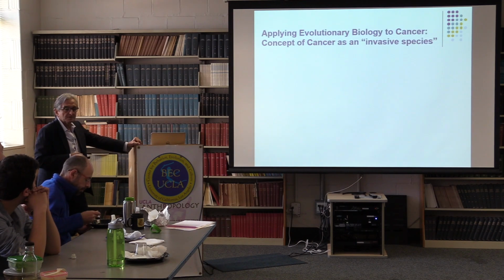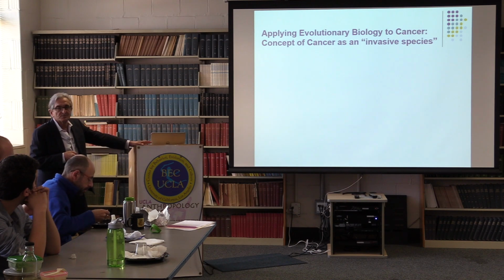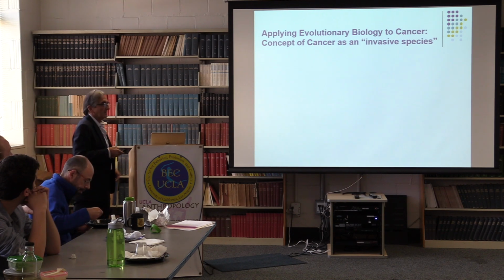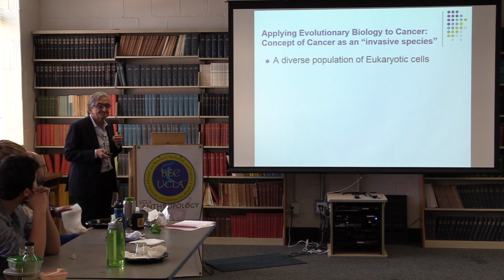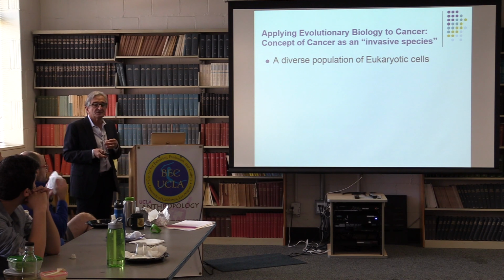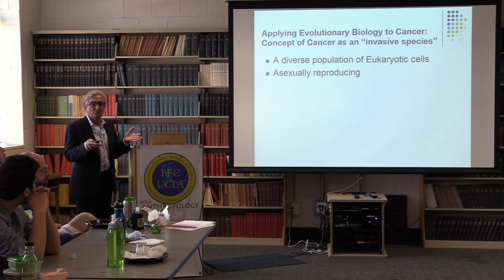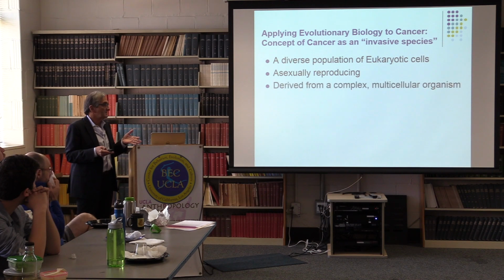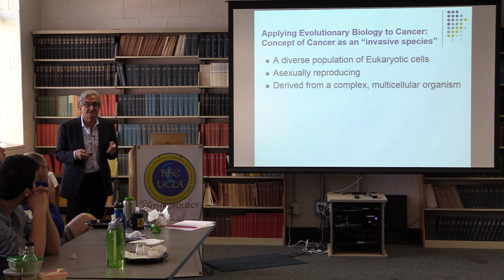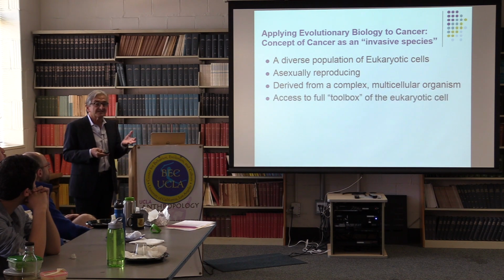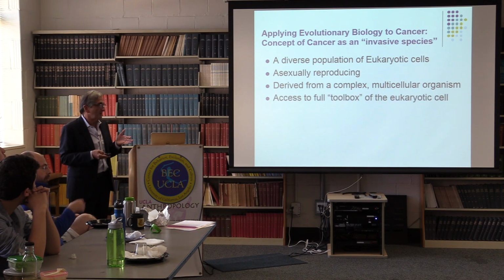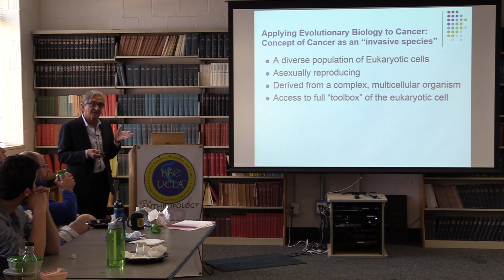So if you think about convergent evolution as a basic principle of evolutionary biology, I think it leads you to think about cancer as an invasive species, a diverse population of eukaryotic cells, asexually reproducing, but derived from a complex multicellular organism, and as such has access in its genome to the full toolbox that the eukaryotic cell has.